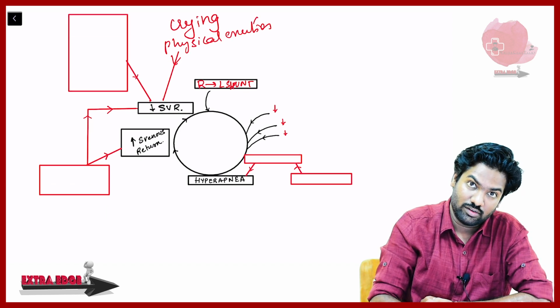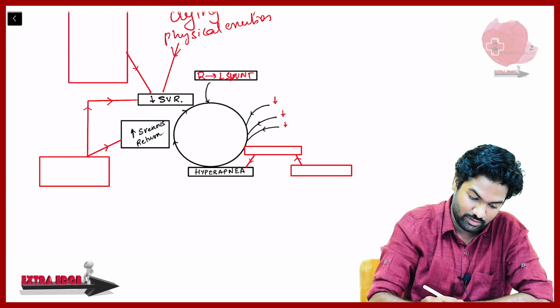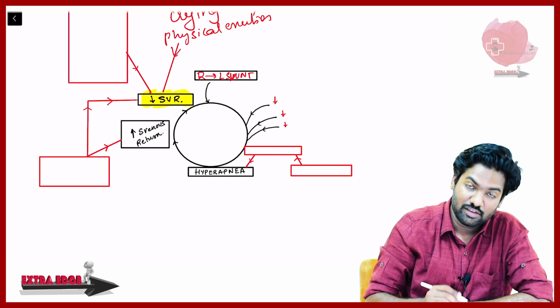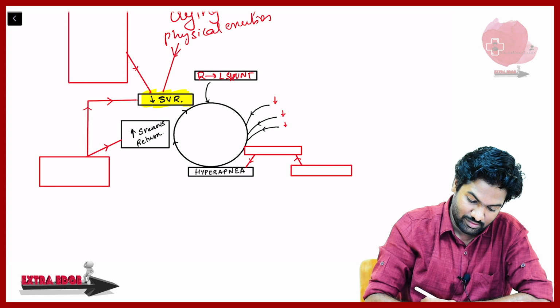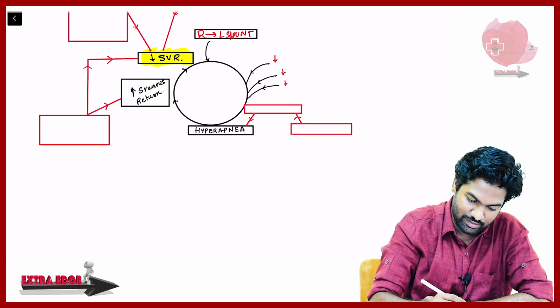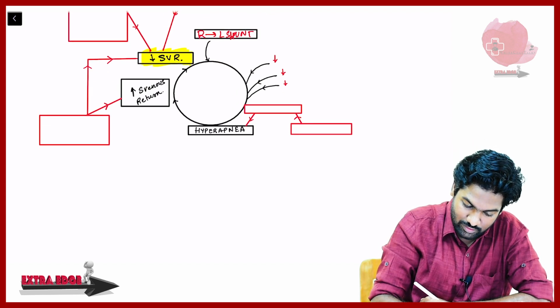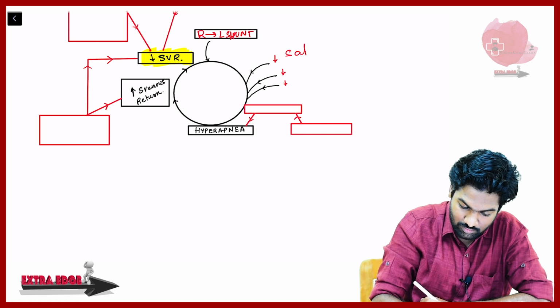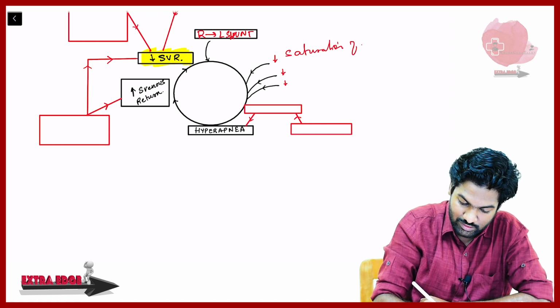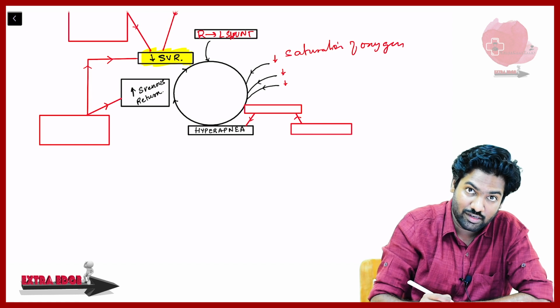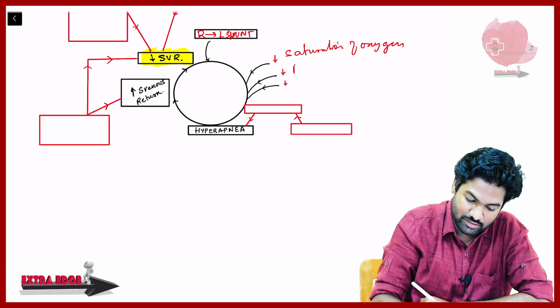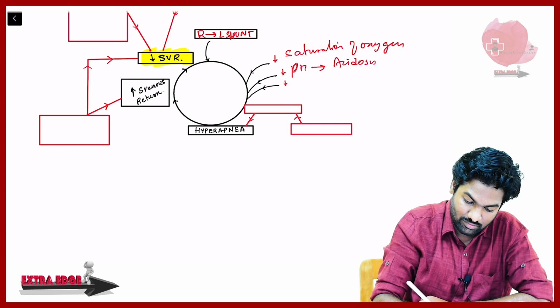These can drop the SVR. I'll highlight this. Drop in SVR will cause a right to left shunt, which, as I just told you, will drop the saturation of oxygen. Then it will drop the pH, then it will cause acidosis. Drop in PaO2 also.